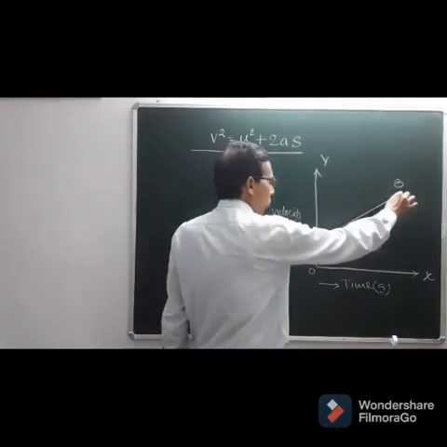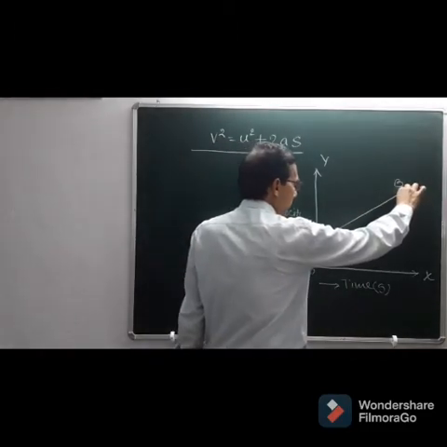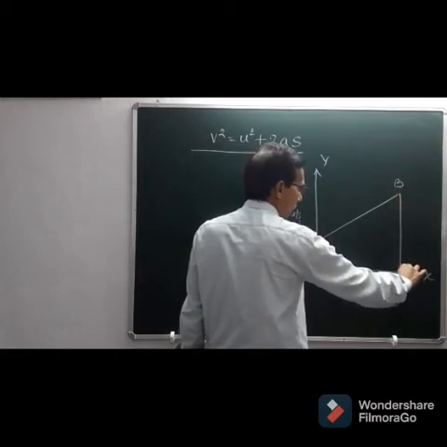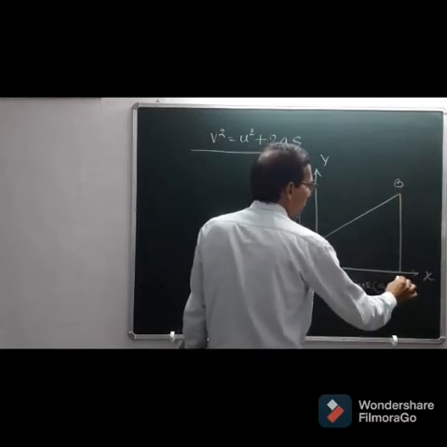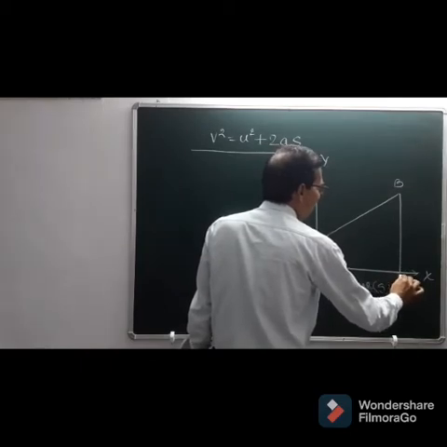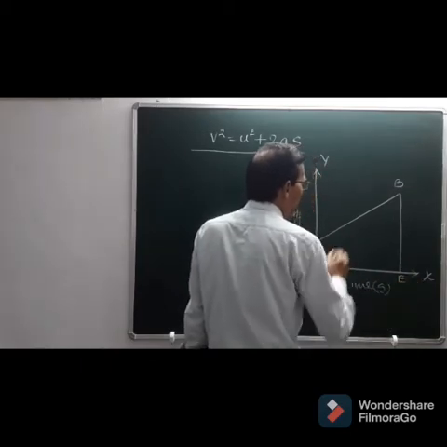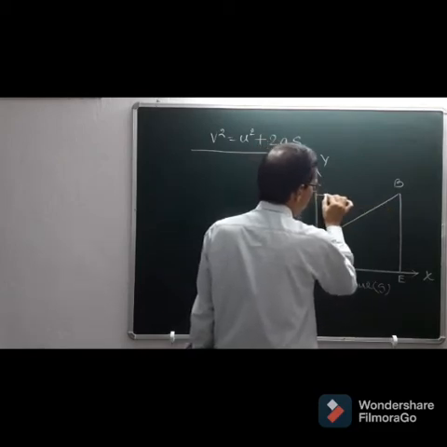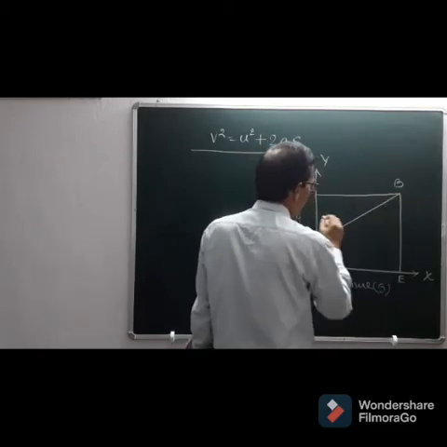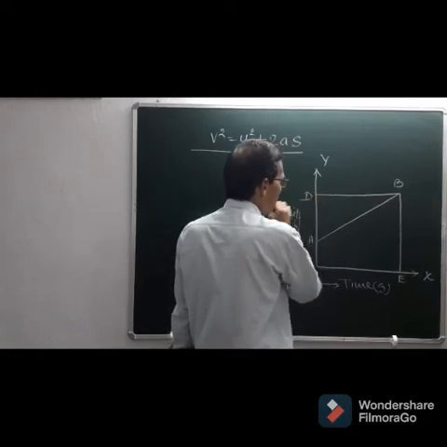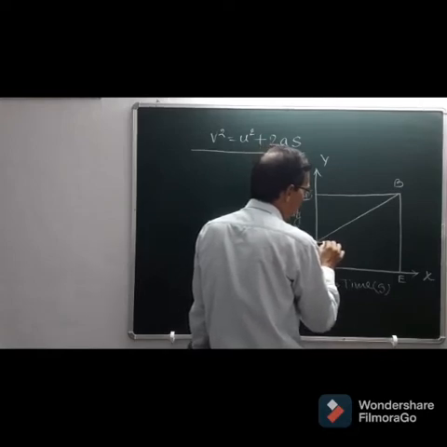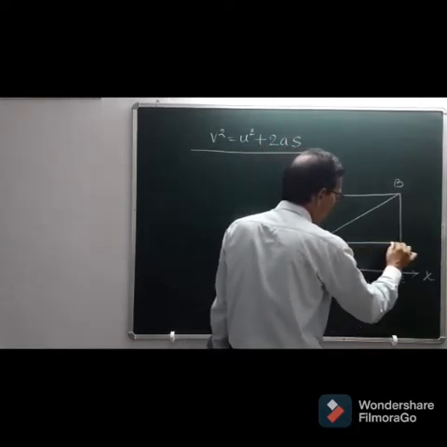From point B we draw the perpendicular line on the x-axis, BE, and on the y-axis, BD. Now we draw the perpendicular line from A to BE, that is AC.